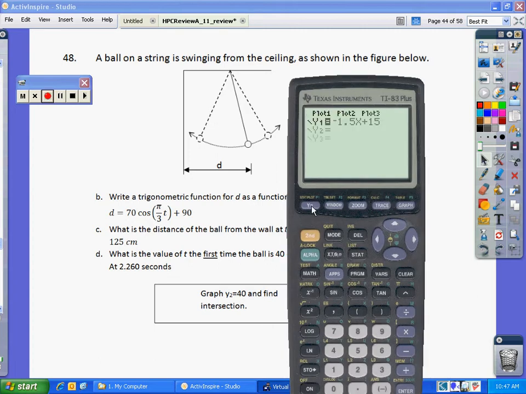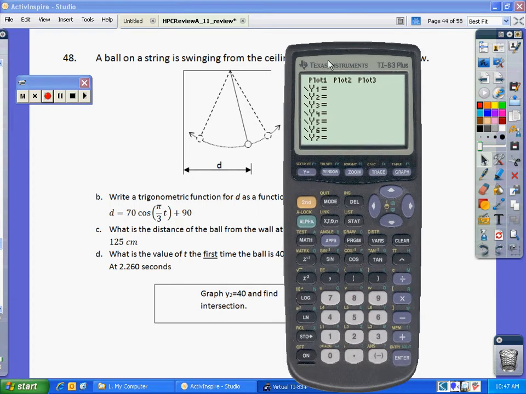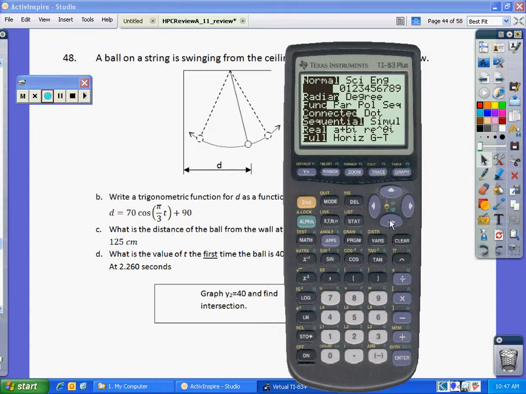So if you go to y equals and you type in 70 cosine pi divided by 3 x, in this case x is the same as t as our variable, close parentheses, plus 90, and then make sure we are in radian mode.